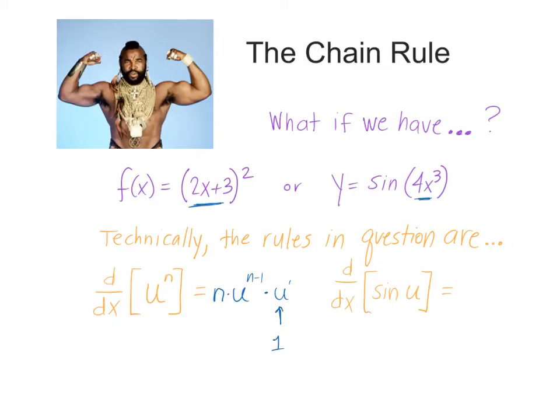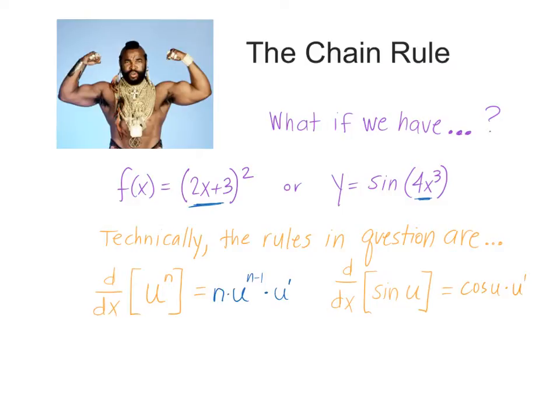It was a 1. So if the functions in question are just x's, then that little u prime right there never really shows up because it's just a 1. And you don't have to put a times 1 on the end of a simple derivative because it's just understood to be there. The derivative of sine u is cosine u times u prime, or times du.